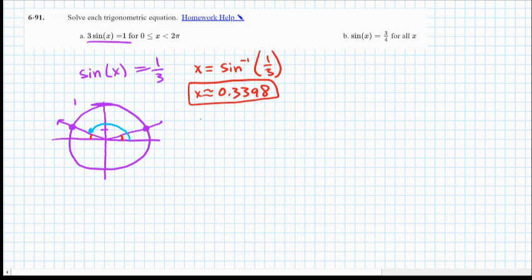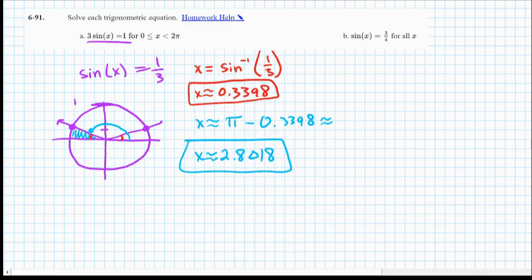We got pi, which is the whole half circle, but if I subtract 0.3398, I'm taking away this little section, and that will give me my final second answer, which again is an approximation, but is about 2.8018. And a reminder that these are in radians, so my two answers here are not a really tiny degree, it's an actual radian.